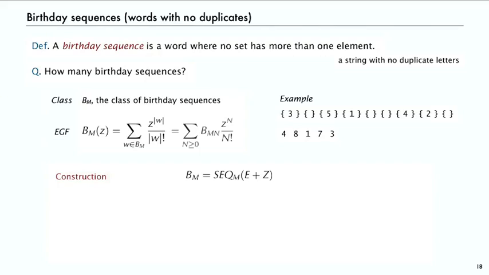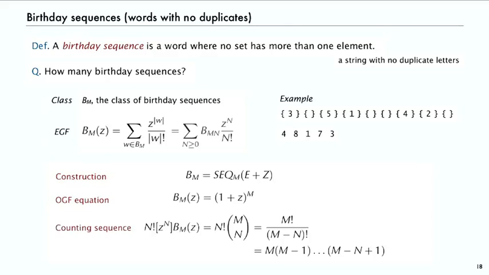That's the direct construction for birthday sequences. With the symbolic method, that translates immediately to the generating function: e goes to 1, z goes to z, and a sequence of m of them just raises that to the m-th power. So the EGF for birthday sequences is (1 plus z) to the m.